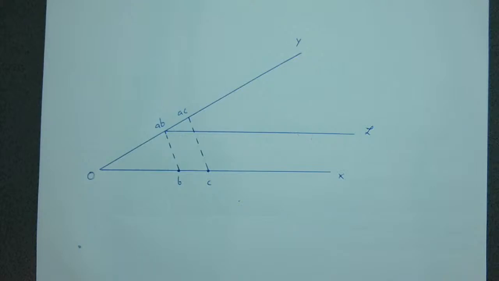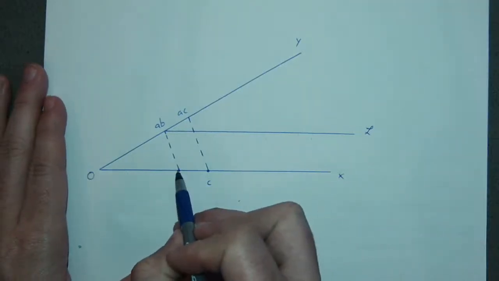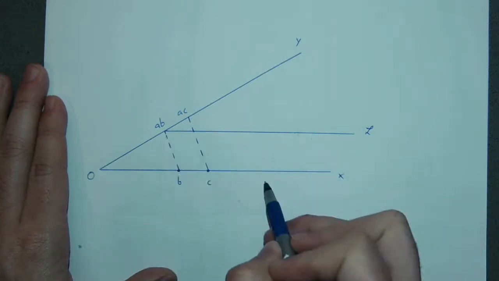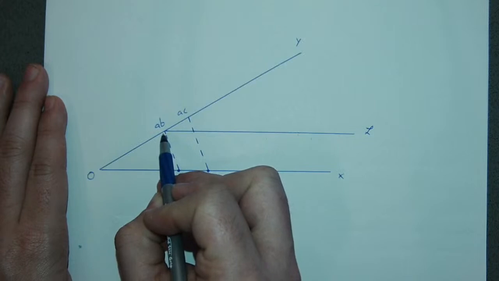Well, I need something that allows me to construct an addition on the x-axis from this line L. But what is the thing that does that? Well, I already have this dashed line drawn in here. That's how I defined L. L was the parallel to the x-axis passing through this point AB on the y-axis.